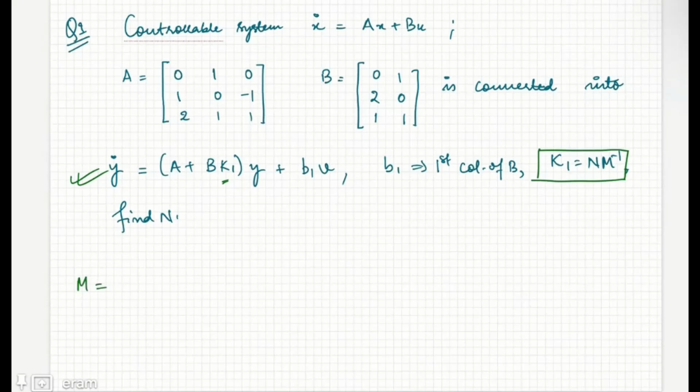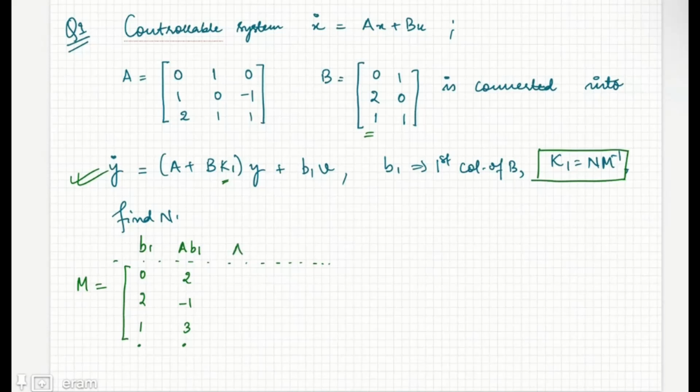Since it's a 3 cross 3 system, M will be a square matrix of size 3. Its first column will be B1, that is the first column of B, which is 0, 2, 1. Its second column will be the vector AB1. When we calculate AB1, it will be 2, minus 1, 3, and you can see that these two columns are linearly independent, so we are good to go.